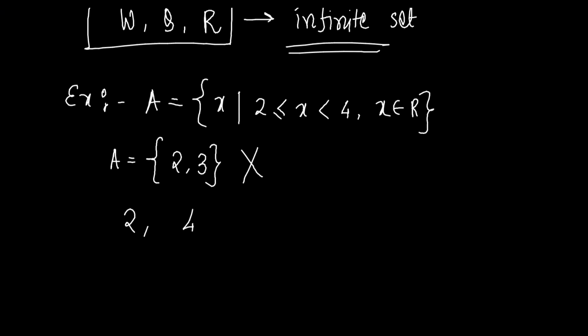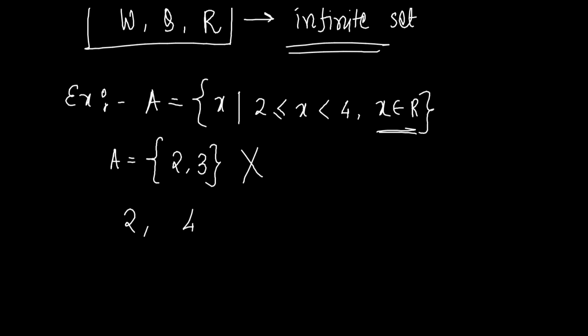If it were said that X belongs to natural numbers, then we would have written 2 and 3, but it is given that X belongs to real numbers. So all real numbers means what? 2.1, 2.2, 2.12, 2.23, an infinite number of elements. So in between 2 and 4, if X is a real number, then an infinite number of elements are present inside the set, not only 2 and 3.